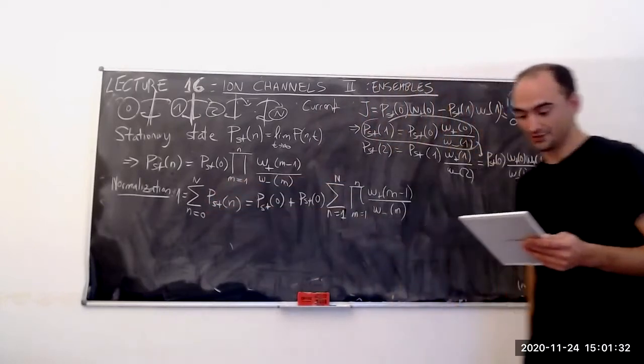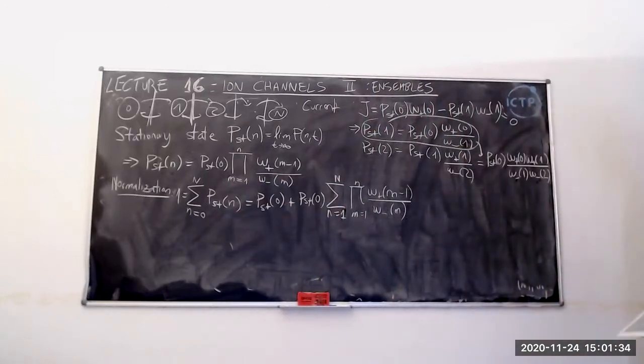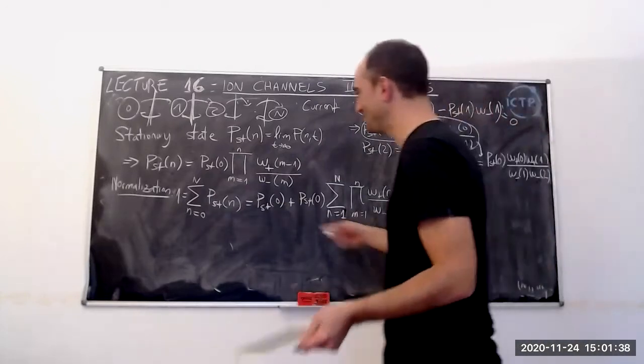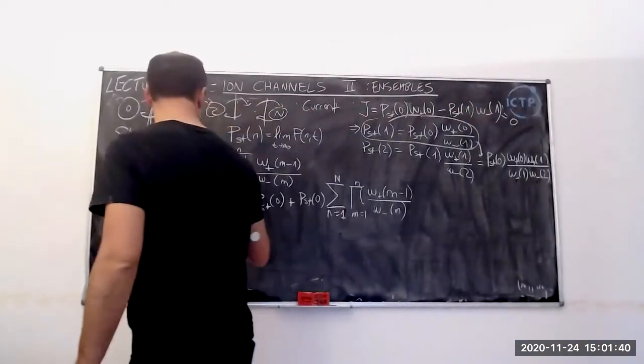Okay, so this looks nice, but still it's not that nice because it's 1 equals P stationary 0 times this.